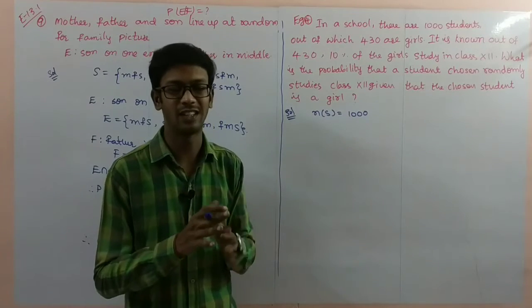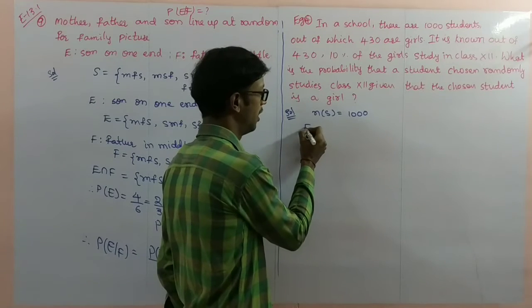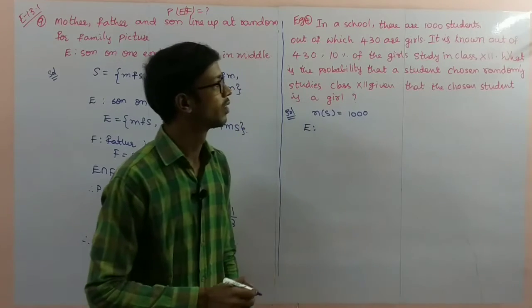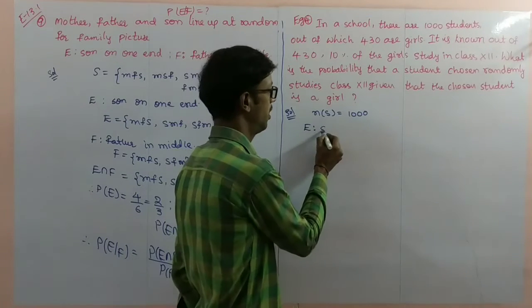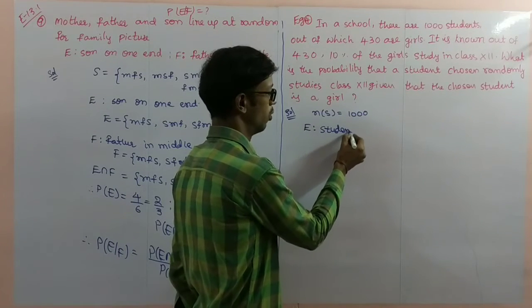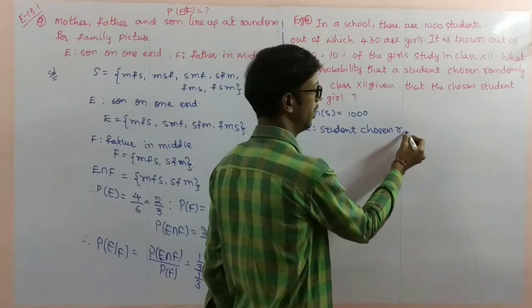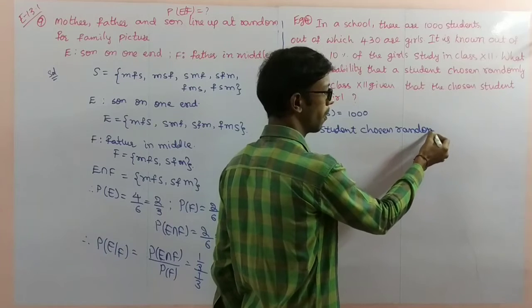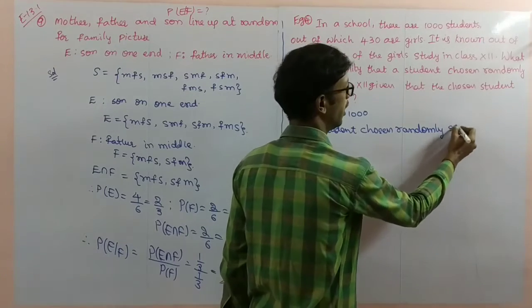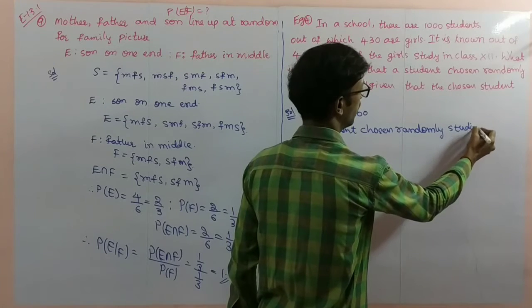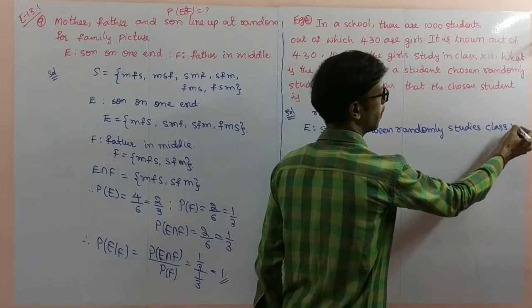So I'll write first of all here clearly, two events are there. The two events: E is the event that the student chosen randomly studies class 12.